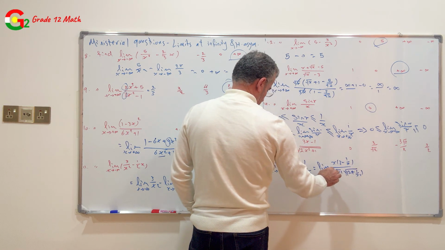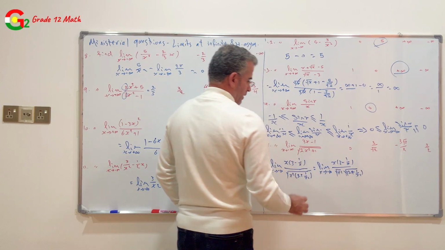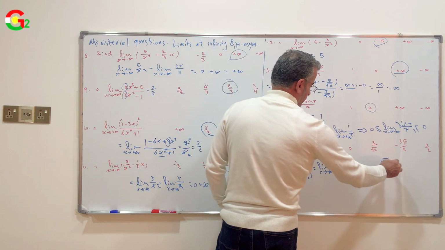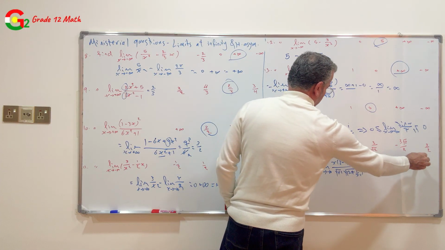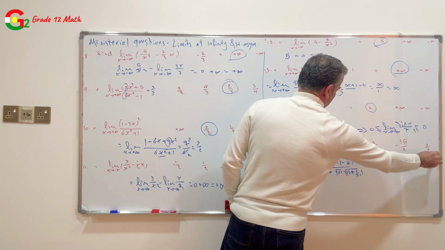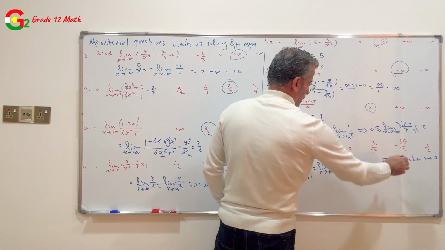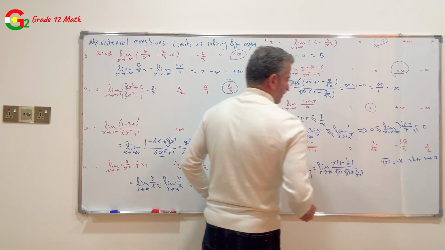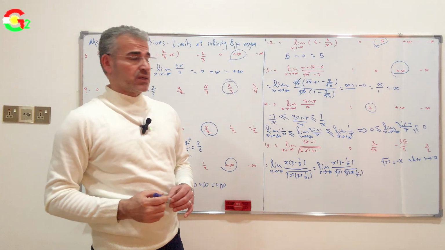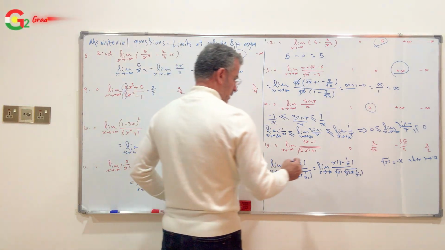When x approaches negative infinity, square root of x power 2 equals negative x, and equals x when x approaches positive infinity.